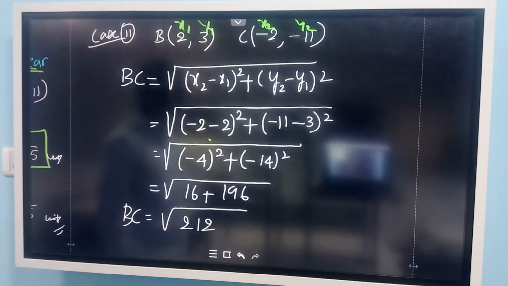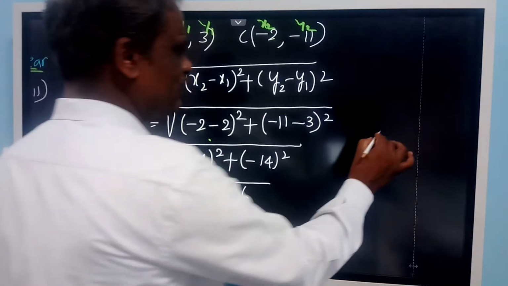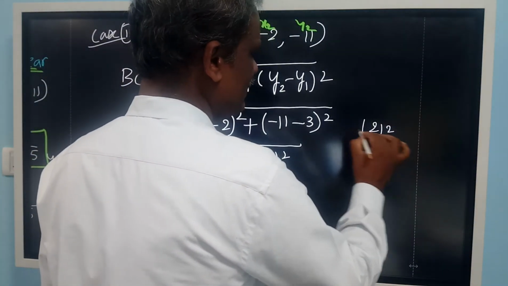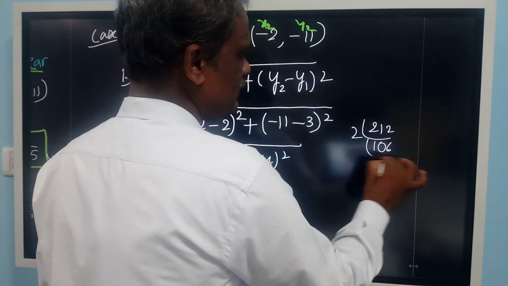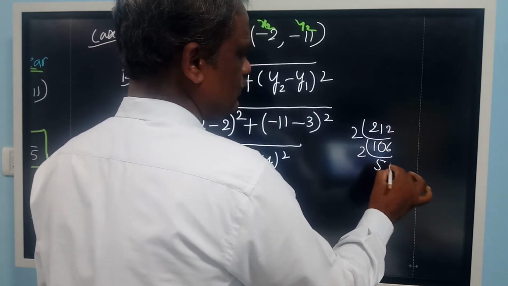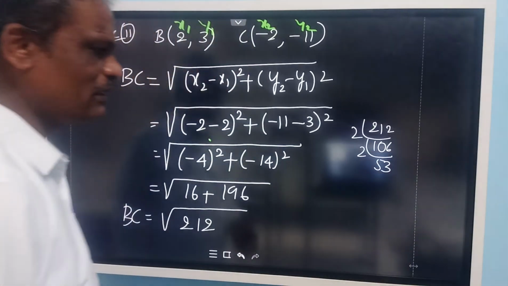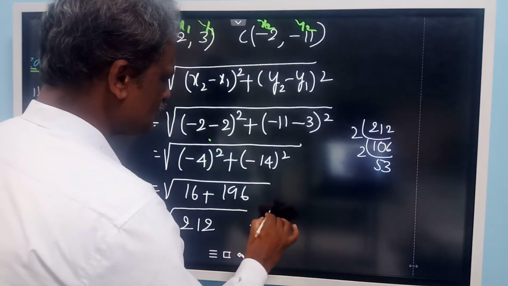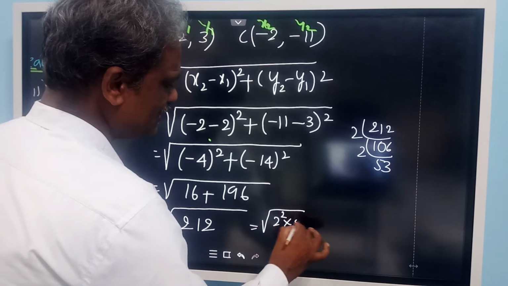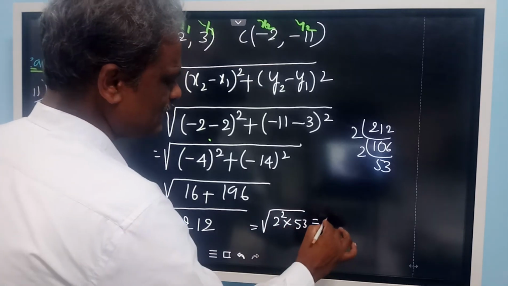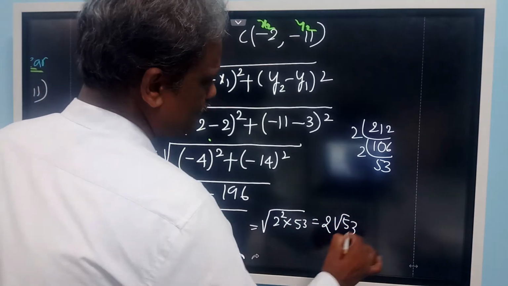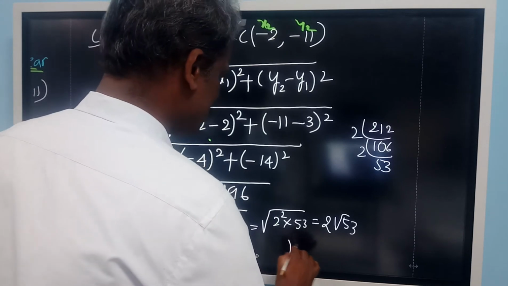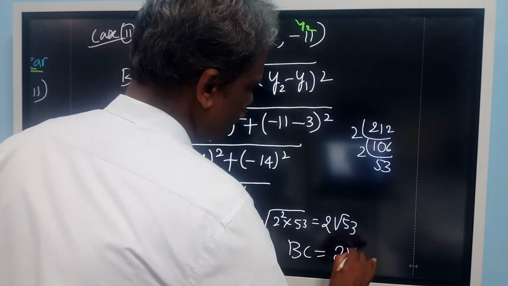Now you can keep this in the standard form. Factorize 212: it is 2 square into 53, and 53 is a prime number. So you can write this as root of 2 square into 53. Take 2 outside the root: 2 root 53. So BC is equal to 2 root 53.